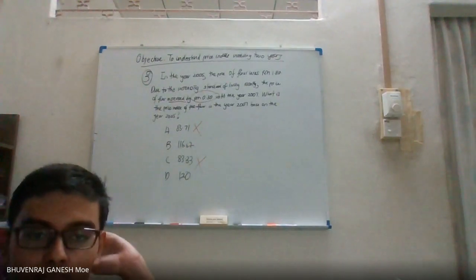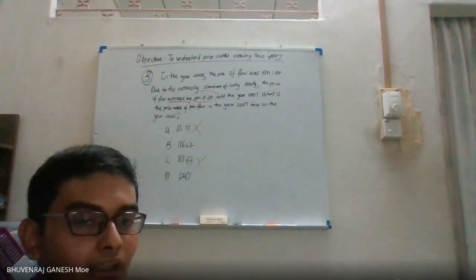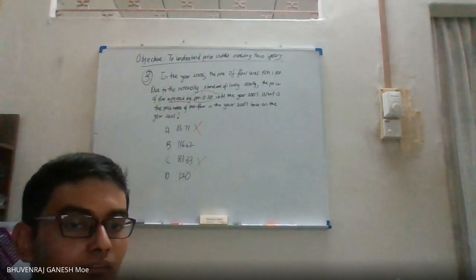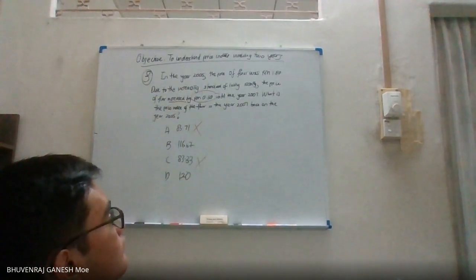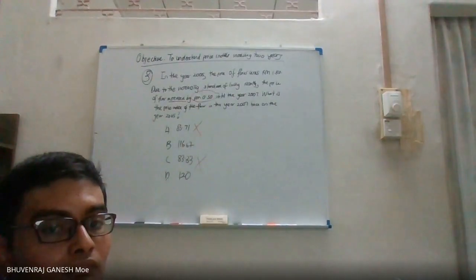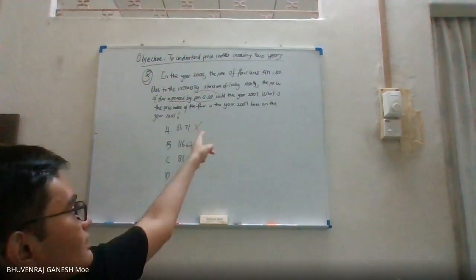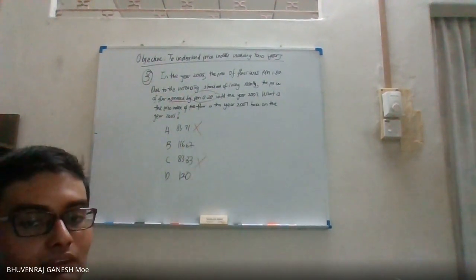Show your working, or tell what you typed in your calculator. Did you use 030 anywhere? Cannot use, I said. You must interpret that 030 for the price in 2007.